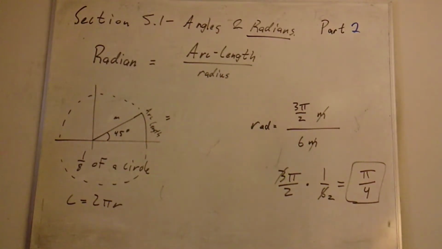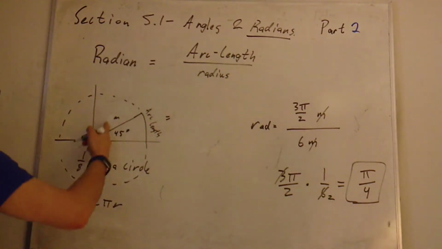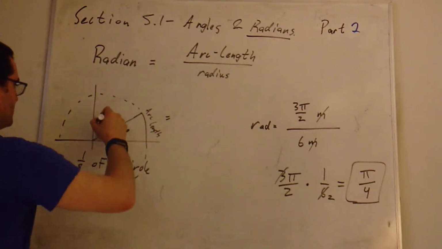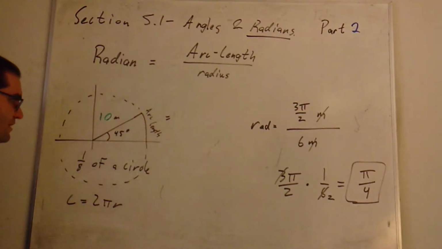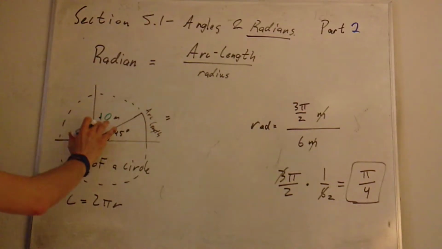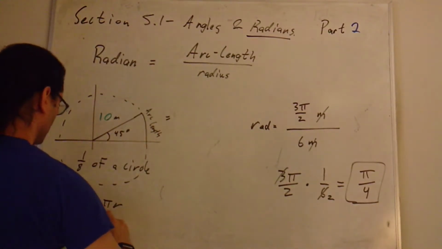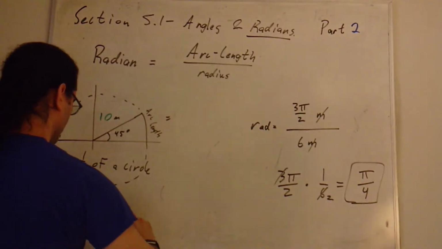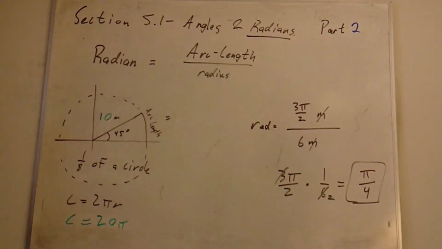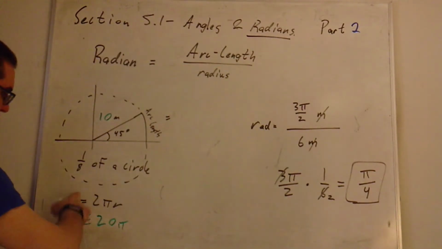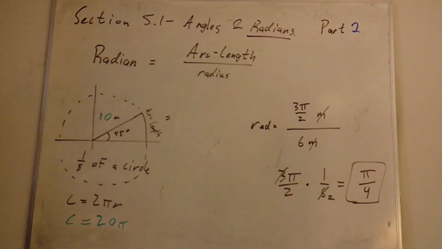We'll do this new one in green so it stands out as different. This time, we did 6 before, let's do 10. If we have a 10 meter radius, that means that our circumference should be 20 pi, because we're just going to multiply this by 2 pi. This is always the circumference of a circle, 2 pi r.